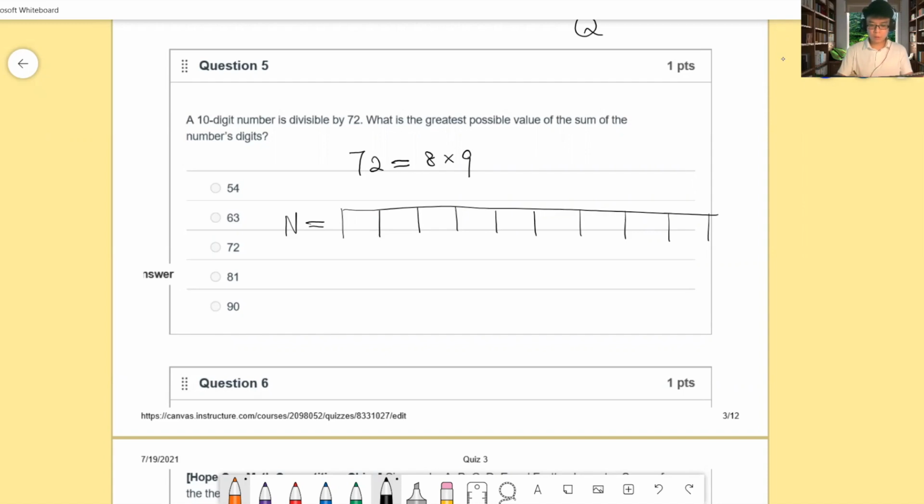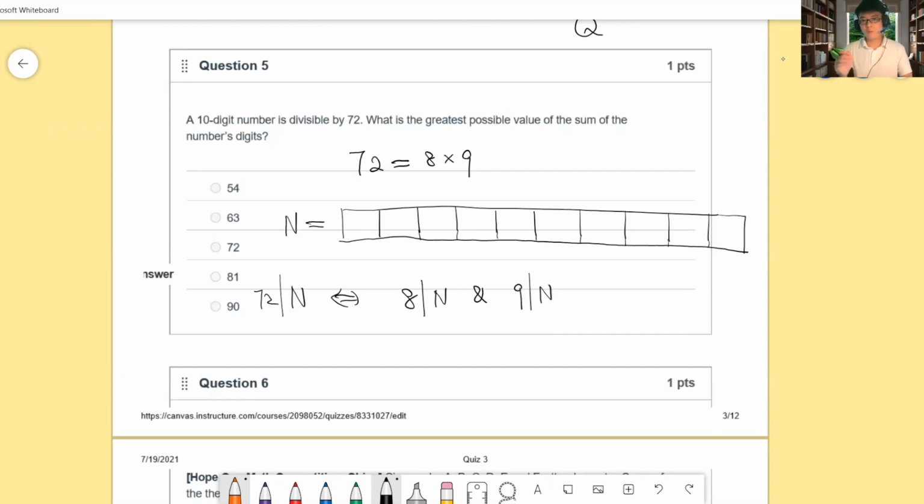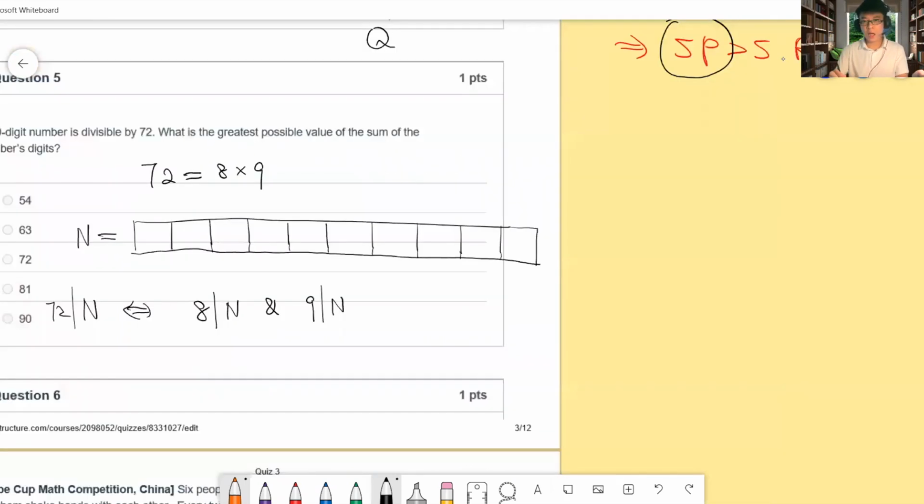That's equivalent to this number being divisible by both 8 and 9. Let's consider divisibility for 8 and 9. If it's divisible by 8, that means the last 3 digits form a 3-digit number divisible by 8.